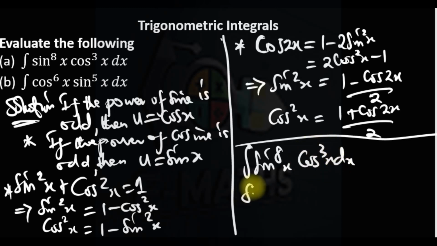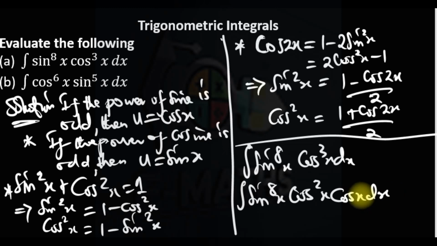So we can write this as integral of sine^8 x cos squared x times cos x dx. Yes, because u will be sine here, so we need to get a cosine factor, because if you differentiate sine you get cosine.